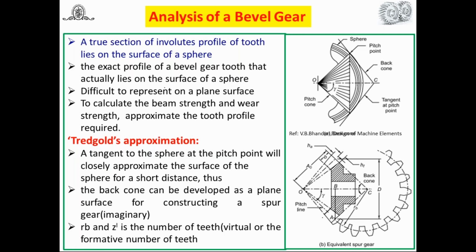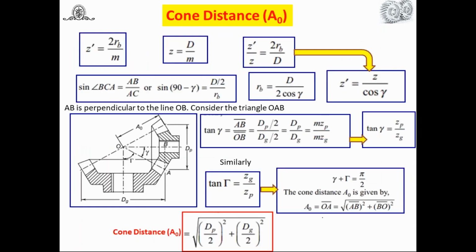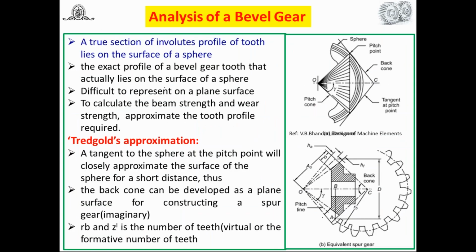Try to understand, RB is the radius of the formative spur gear, and the number of teeth on this spur gear is denoted by Z dash, that is the virtual number of teeth.